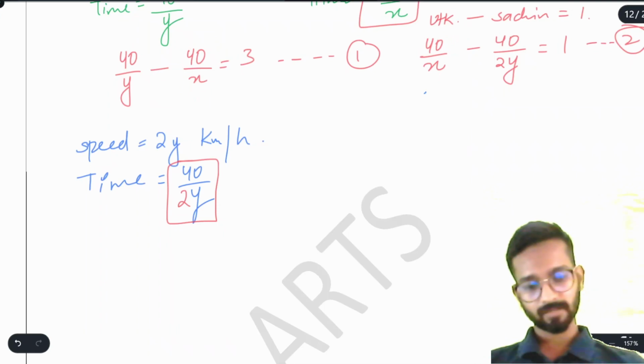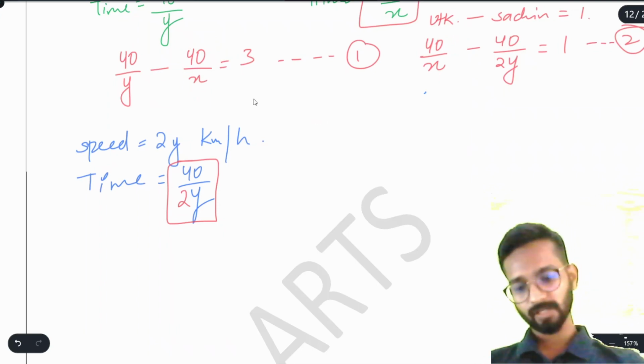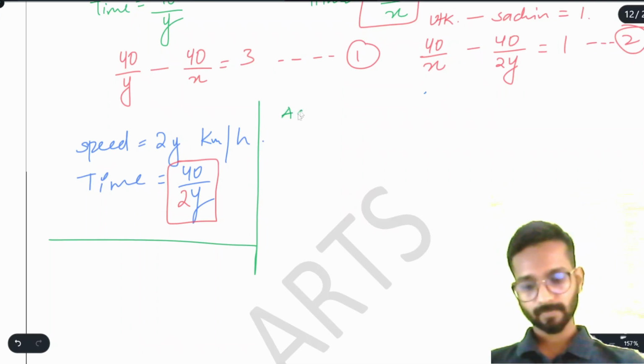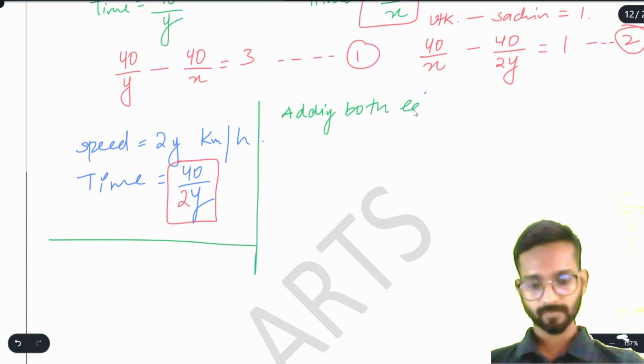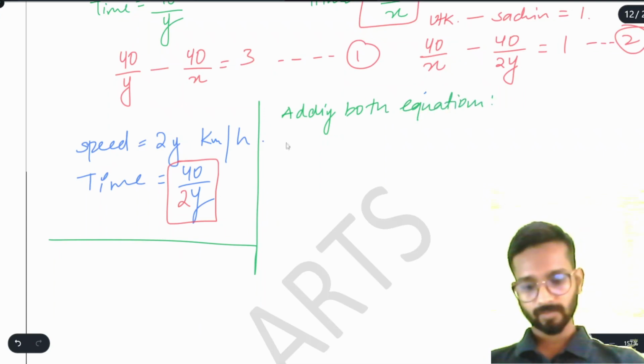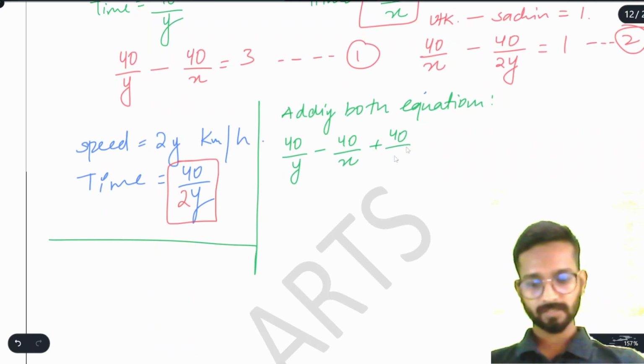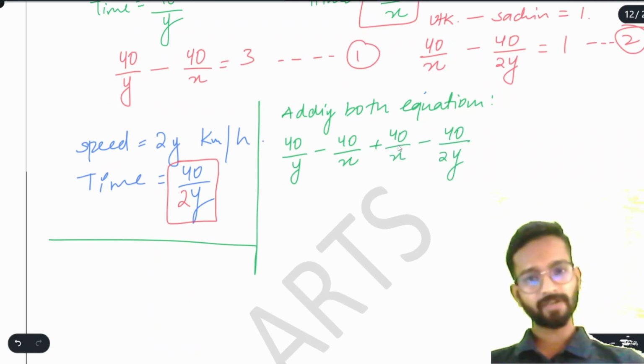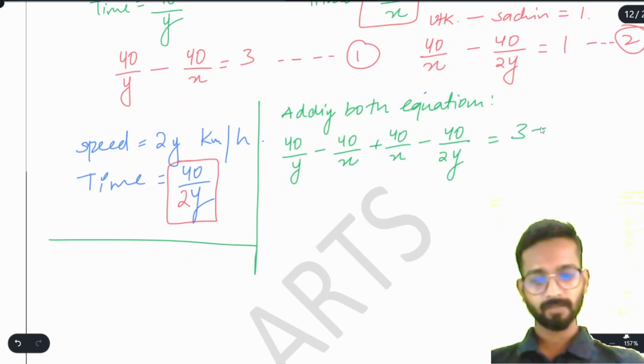We can write here, if I add both the equations, adding both equations, so 40 by y minus 40 by x plus 40 by x minus 40 by 2y. This is the left hand side. Now right hand side, 3 plus 1.